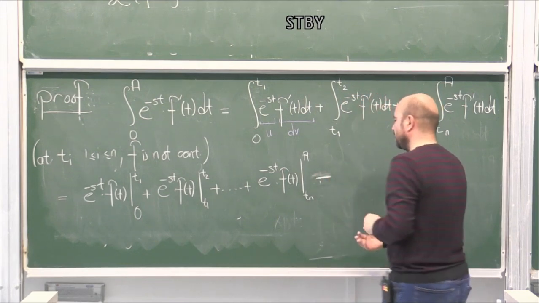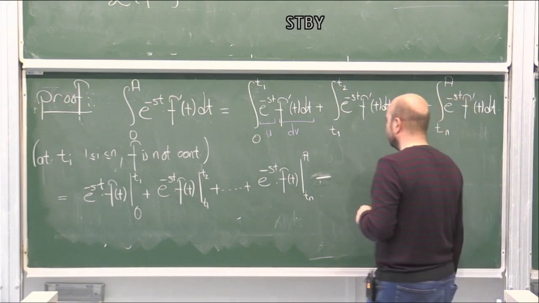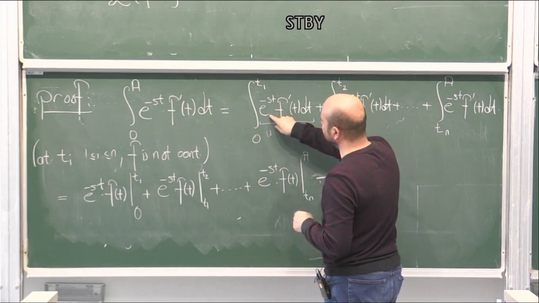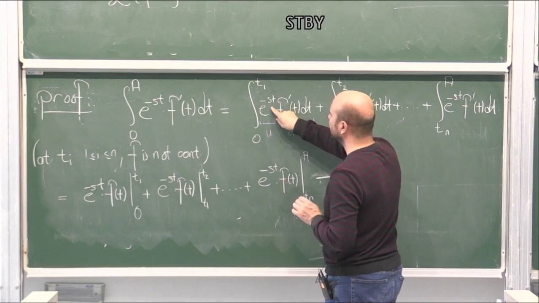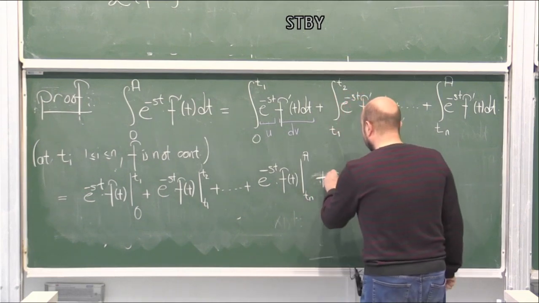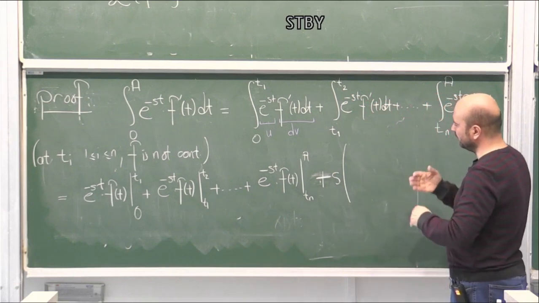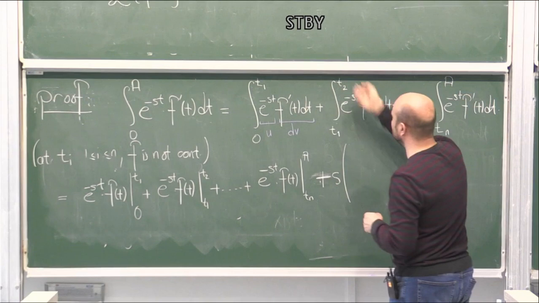Then minus the v du part. V is now f. What is du? If you take the derivative with respect to t, there's a minus s coming, and there's another minus here. So this will be plus s times parentheses. What is inside? V times du for each piece.